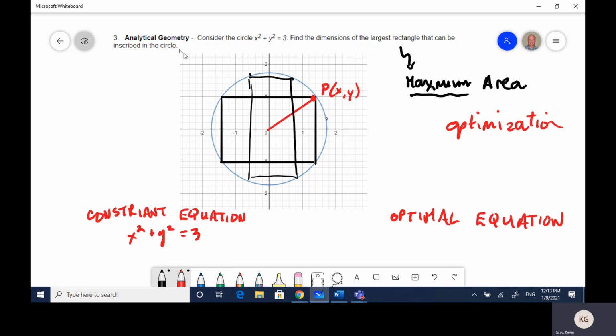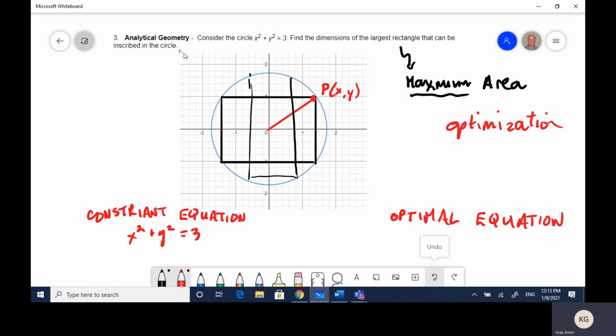I could have a rectangle like this. Either way, I've got all kinds of different types of rectangles. I'm trying to find one rectangle that gives me the biggest area, and each of these different dimensioned rectangles leads to different areas, right? So that's kind of what I'm looking for.